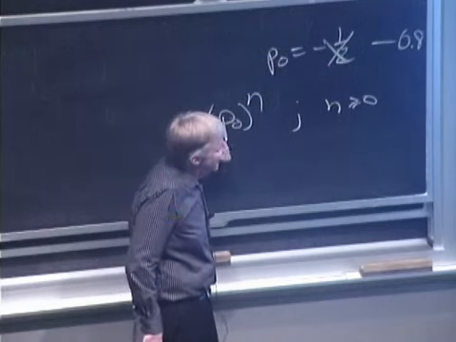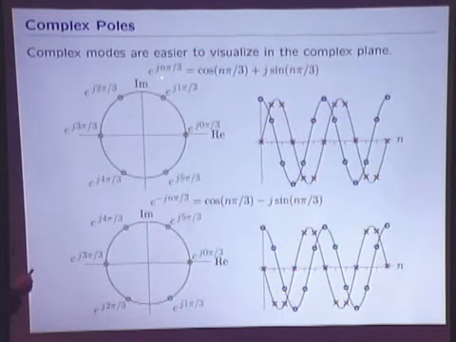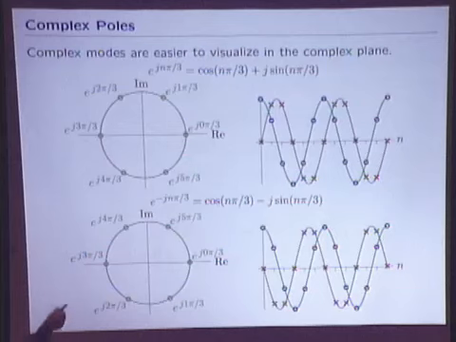It's pretty simple. So in this first case, we have this pole at e to the j pi over 3 gets raised to the nth power. And we use trig, and we can come up with some expression for that. But forget trig, just remember the Euler relationship.